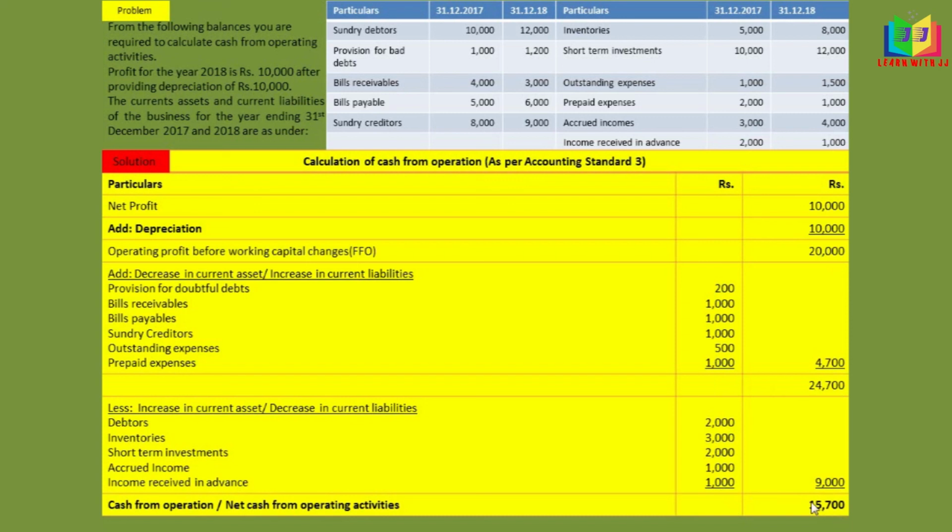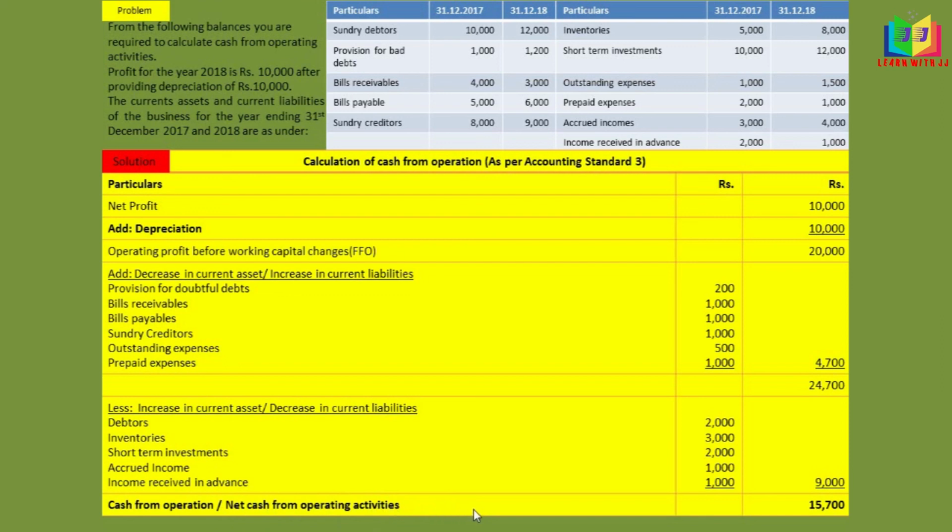If we have income tax paid, we have to subtract it from this. Then we'll arrive at the net cash from operating activities. But in this problem, we don't have income tax paid. So the cash from operation will be the net cash from operating activities. Otherwise we have to subtract the income tax paid, then we will arrive at the net cash from operating activities.